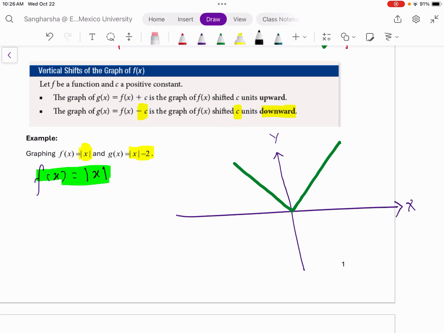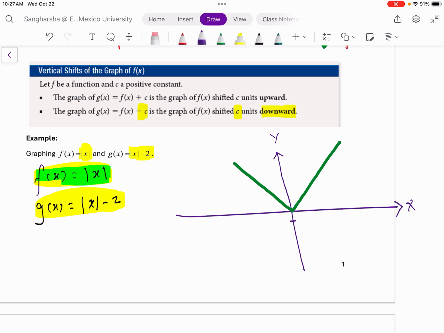So to get a graph of g of x equals absolute value of x minus 2, we get this function by subtracting 2 from the basic function. It means we move our graph vertically down by 2 units.